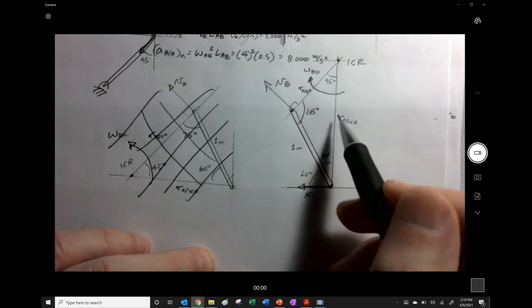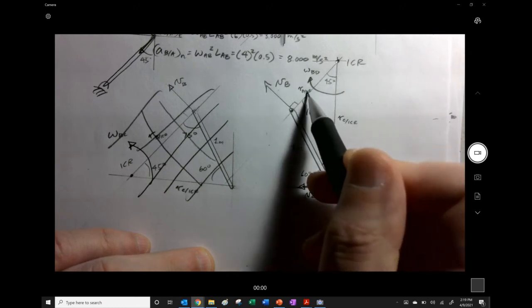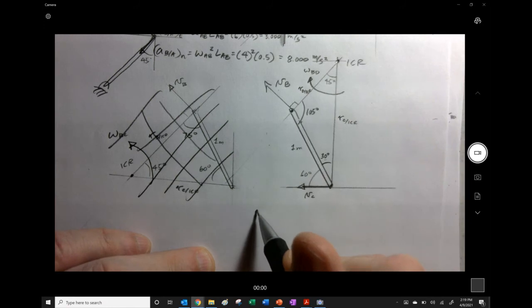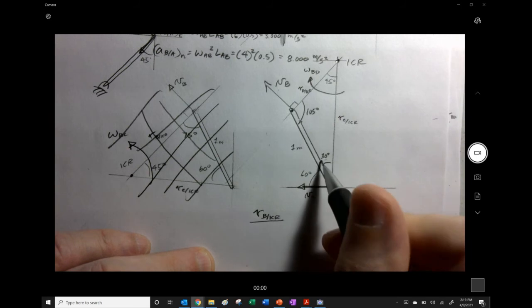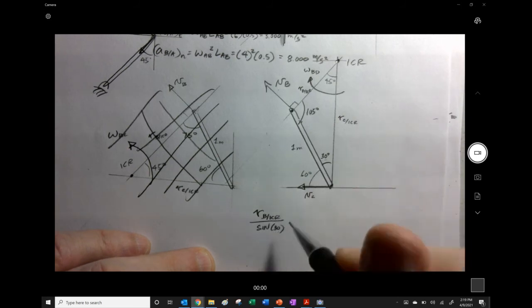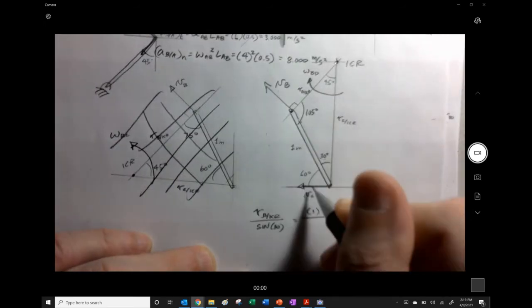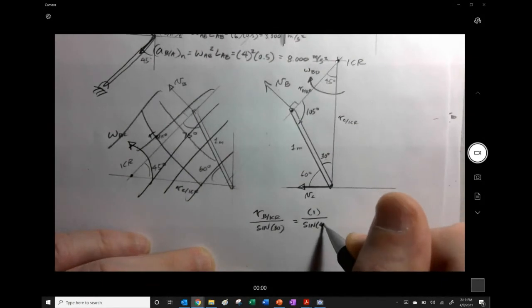So let me start off with, I probably want to know B first, right? So I'll take RB with respect to ICR divided by the sine that's opposite. And it's going to be equal to, and this is the one that I know, 1, this length, divided by the sine of 45.